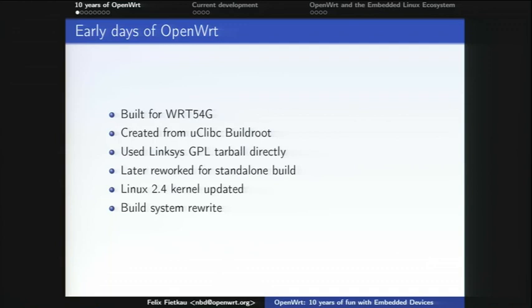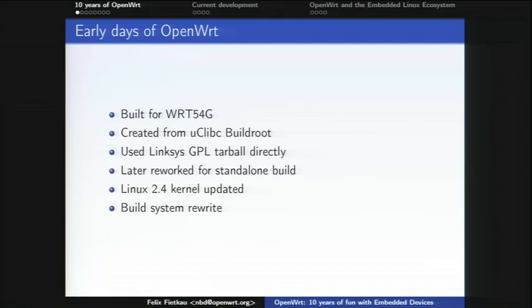And initially, it was a pretty huge GPL violation because Linksys didn't bother to release any source code for the device. But that, of course, didn't stop interested people from trying to hack it, from looking into the inner workings of the firmware, discovering the limitations of it, and then starting to create a replacement for that firmware.